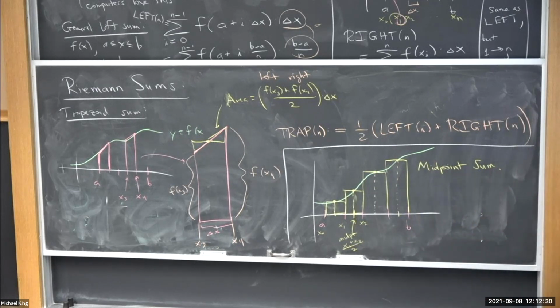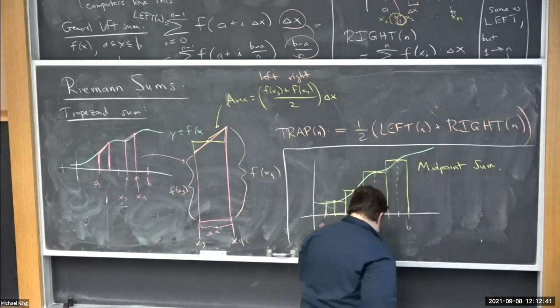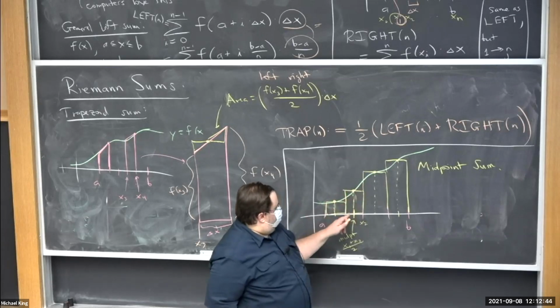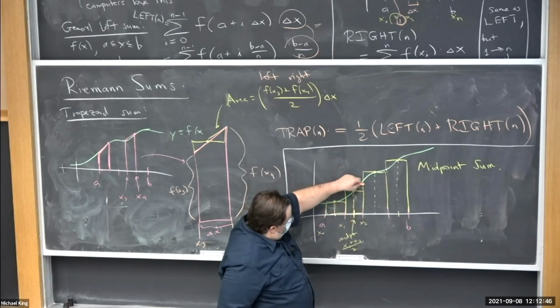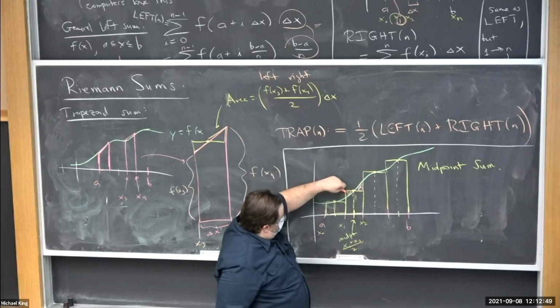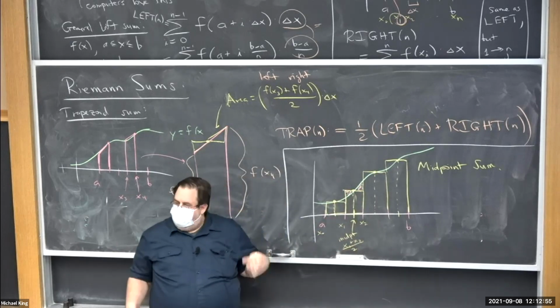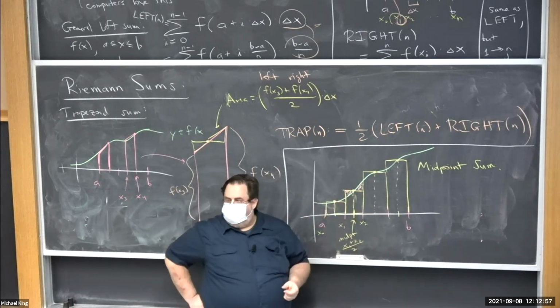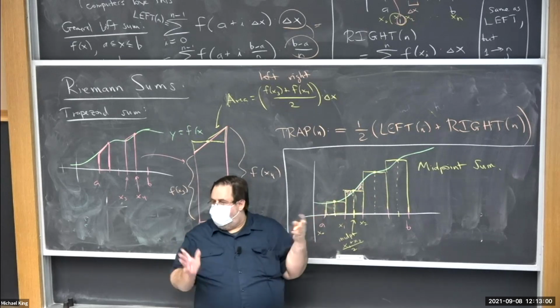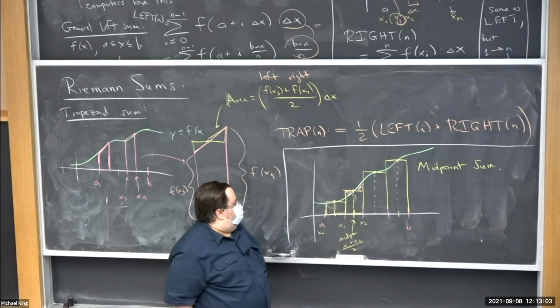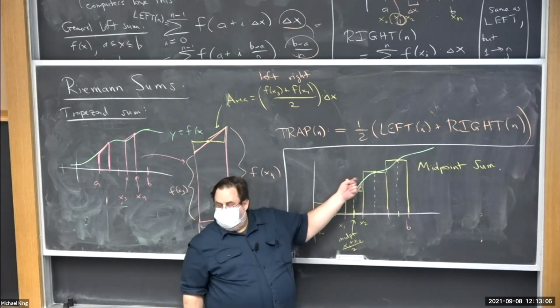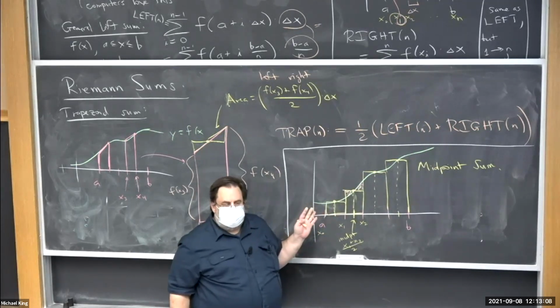And it turns out that this is actually also a pretty good approximation, like better than left or right. And one reason you might believe that is if I look right here, notice there's this extra piece there, and then there's this extra piece here. But that's under the graph and that's over the graph. Especially when you make small rectangles where the graph's almost straight, when you zoom in on a graph, it usually straightens out, right? You kind of believe that these might cancel each other out, like the overlap and the underlap cancel.